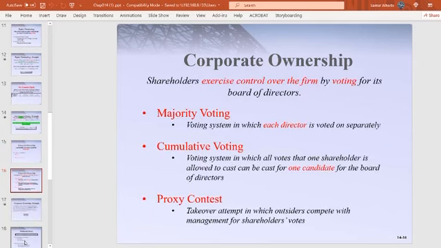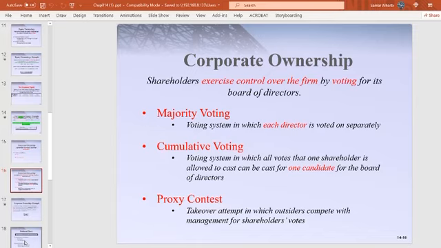Now, as I said, you have some voting rights. Shareholders exercise control over the firm by voting. When I say you have control over the firm because you can vote, it is like voting for its board of directors.